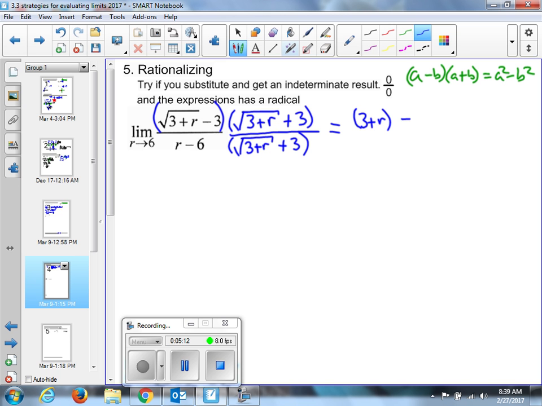So 3 and 3 is 9. There is no middle term because it would cancel out, right? The 3 radical 3 plus r minus 3 radical 3 plus r would subtract out. So, I almost forgot something very important, the limit notation. So that's the top.